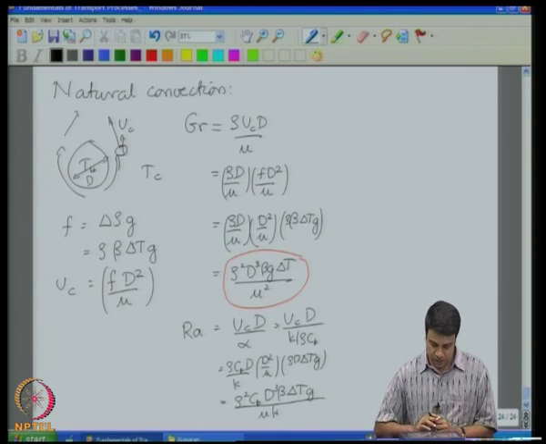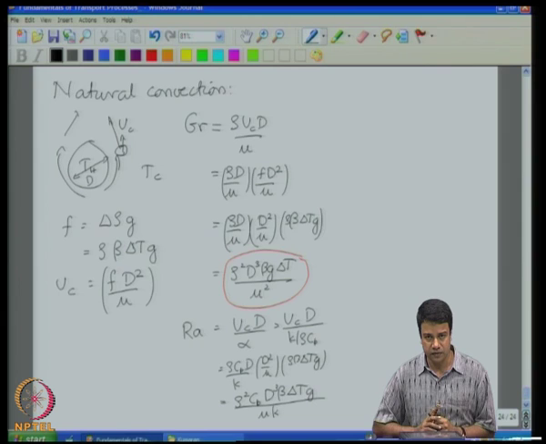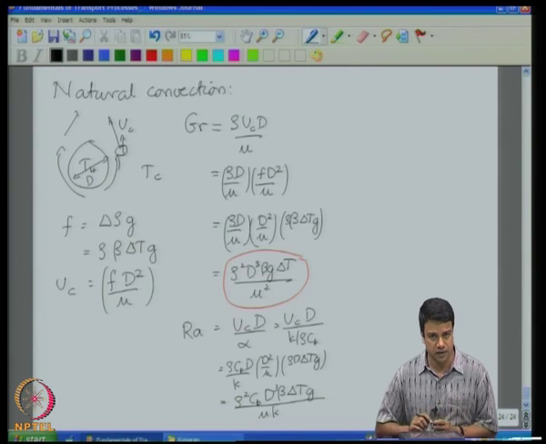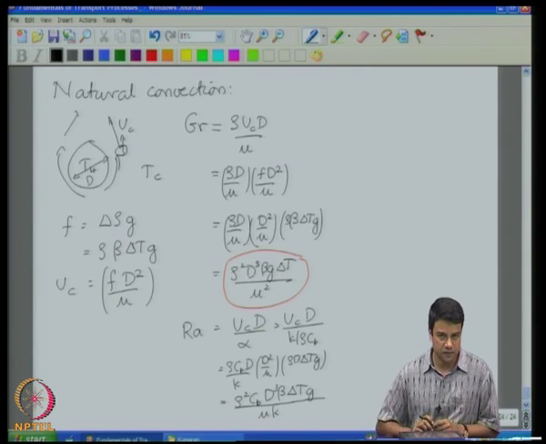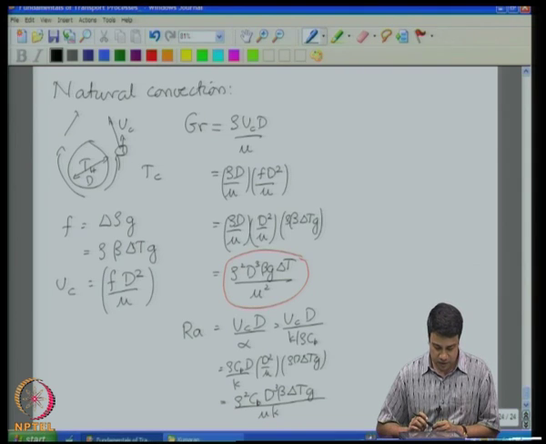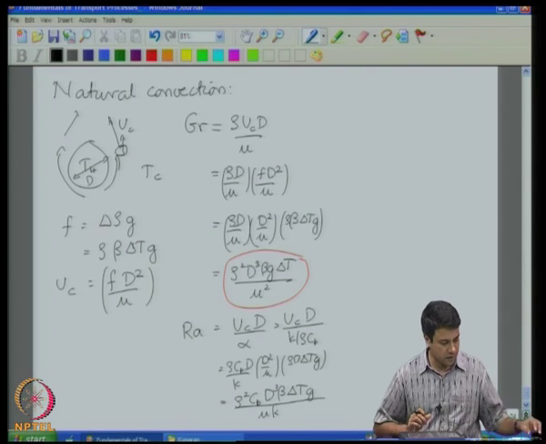Once again a complicated number, but if you break it down to the ratio of different forces, it is quite easy. It is basically the ratio of convection and thermal diffusion, where in convection I have taken the velocity that is caused due to the difference in density and used the balance between the force that is caused due to the difference in density and the viscous forces in the fluid. So, the fundamental numbers for convection are the Grashof number and the Rayleigh number.